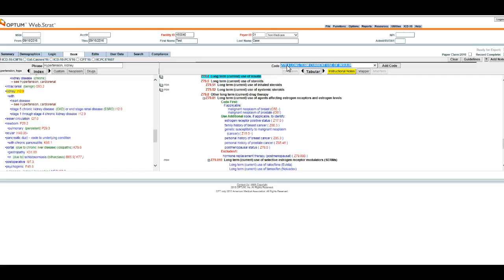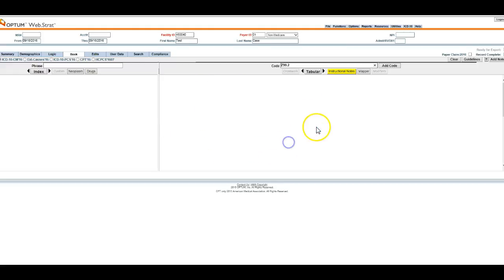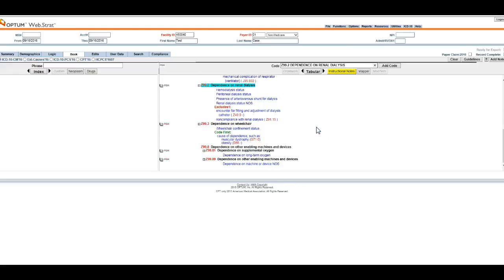You always want to review the guidelines to make sure that you code everything associated with a disease or disease progression. So I'm going to go back to the 918.6 and finish up there, because this code has given me instructions to specify dialysis status.